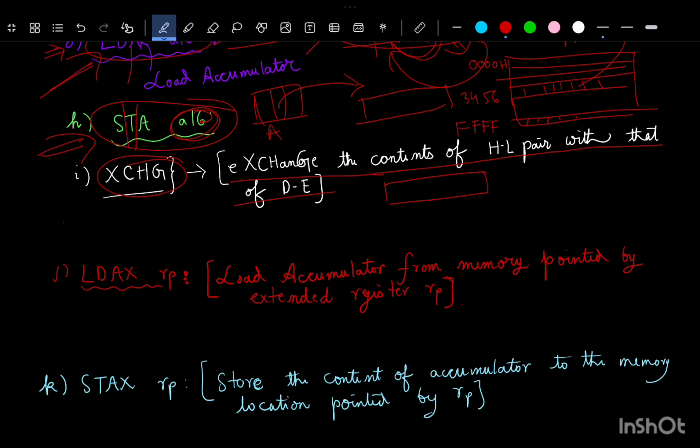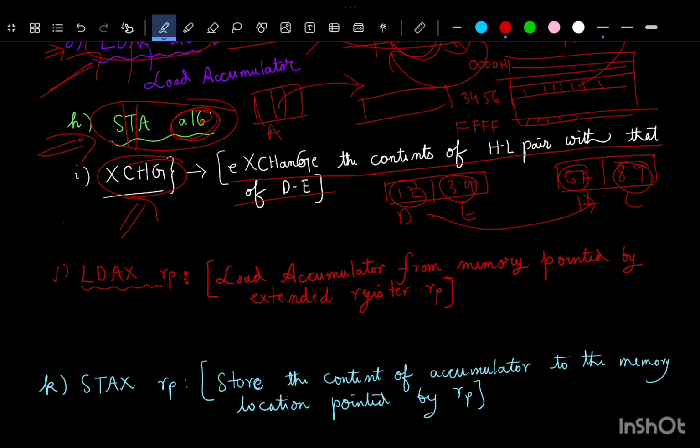Say we have DE, and let's say this DE contains 1234, and we have the HL pair, which contains 6789. After the instruction XCHG, the contents of these register pairs will be exchanged, which means that the content of D, which is 12, will be exchanged with this 67, and the content of E, 34, will be exchanged with this 89.